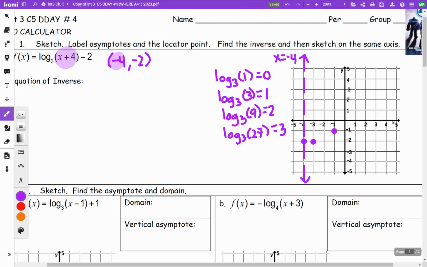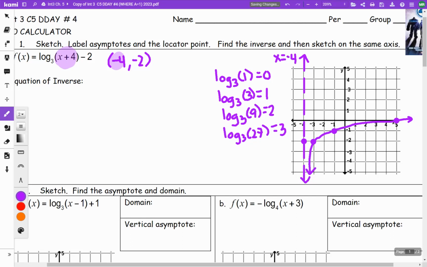Log base 3 of 9 is 2. And then I'm going to connect this. It's going to look kind of like a square root graph, but it doesn't stop here. It continues. It gets closer and closer to that asymptote. And that's my log graph.